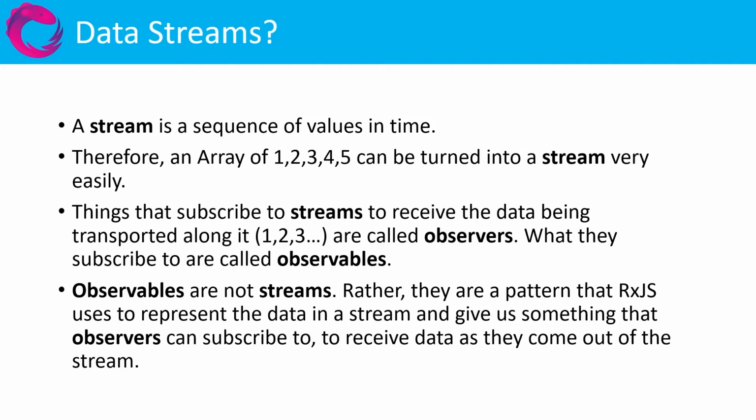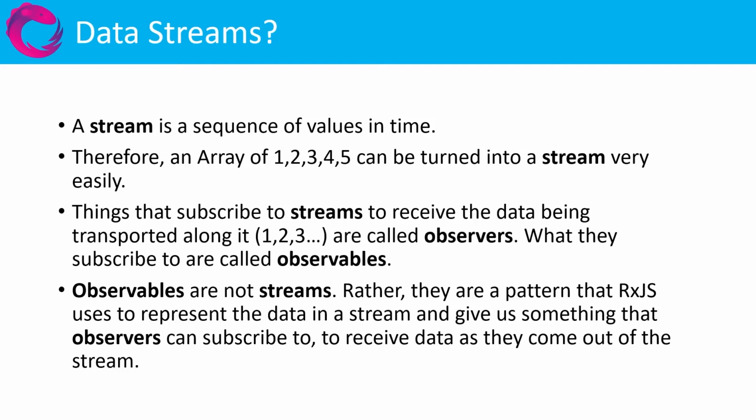As for a stream, it is a sequence of values in time, so it's very simple. So therefore, an array of 1 to 5 can be turned into a stream. And things that subscribe to streams to receive the data being transported along it are called observers. And what they subscribe to are called observables. Now, it's important to not conflate observables with streams.